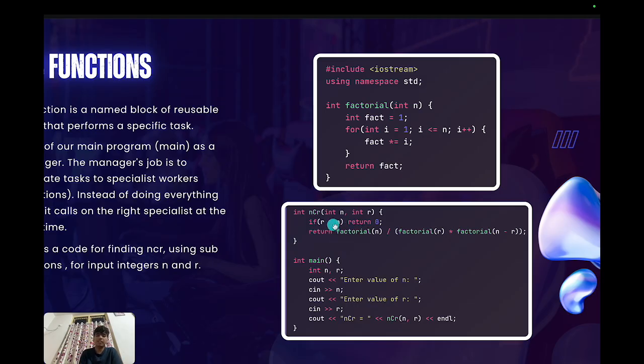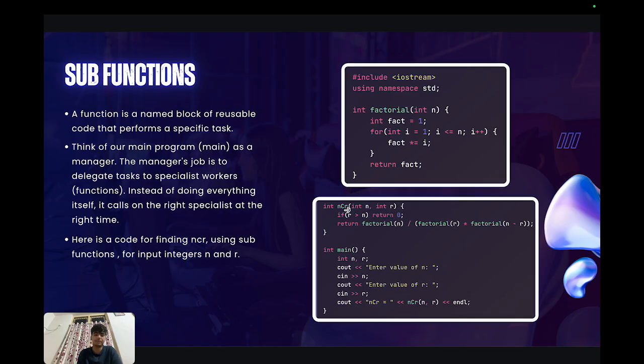So when the compiler comes to this subfunction and notices that there is a factorial term here, it should know that a factorial was defined before this line, right? So you have to define this factorial before using it here. Similarly, when you're using the NCR subfunction in the main function, you should have defined it earlier, before the main function, right?